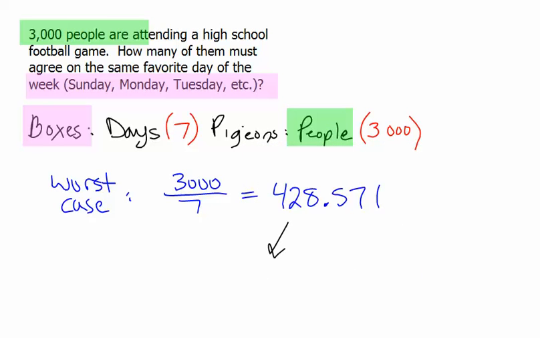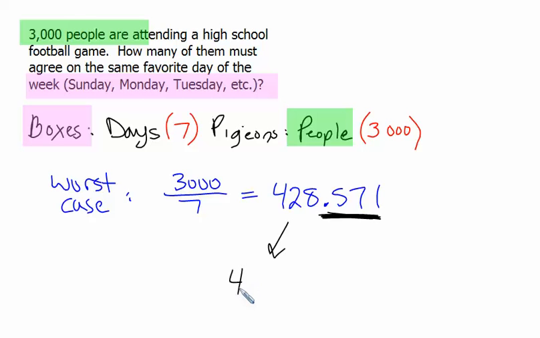In this problem, it turns out to be about 428 and a little bit more than a half a person per box. So each of the 7 days in this worst case, evenly divided scenario, each of the boxes has 428 people in it. However, be careful. Since there is at least one more person in the mix, we automatically round up.